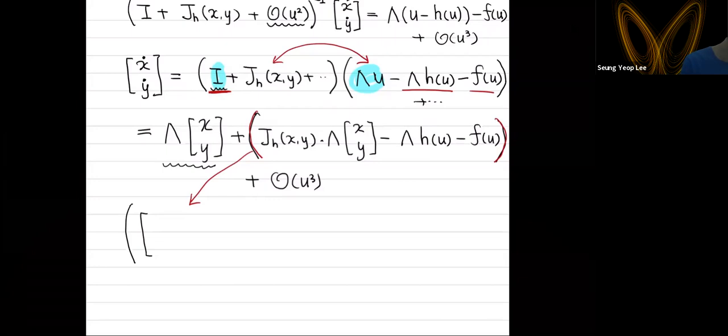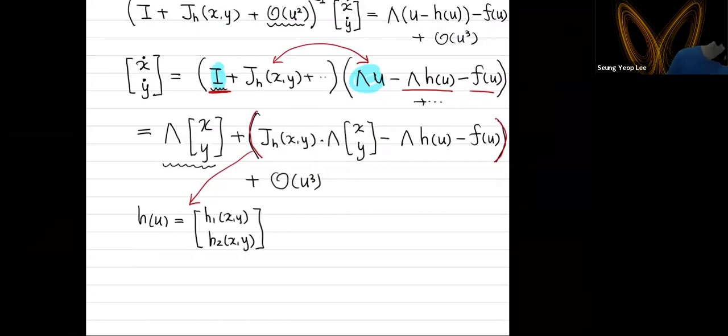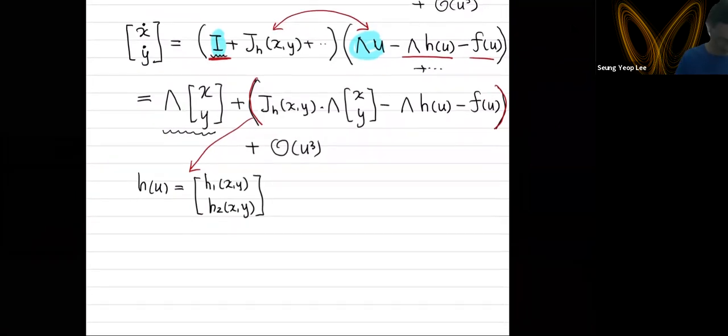So let me write h of u as h1 of x and y, h2 of x and y. That is how you can explicitly write this thing.